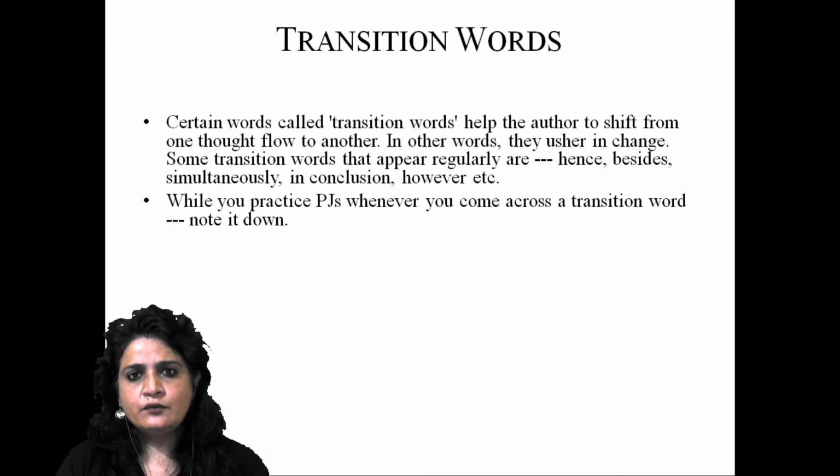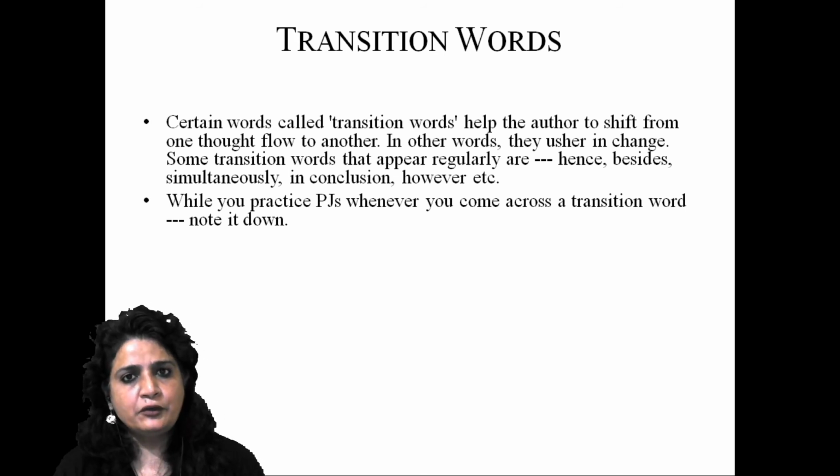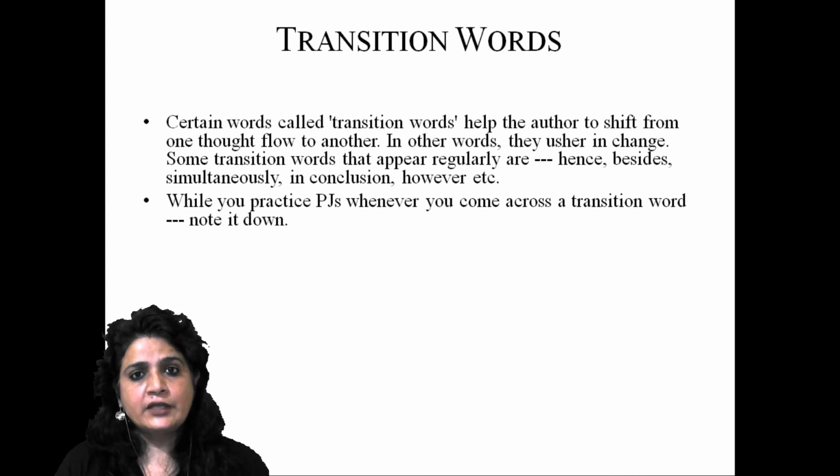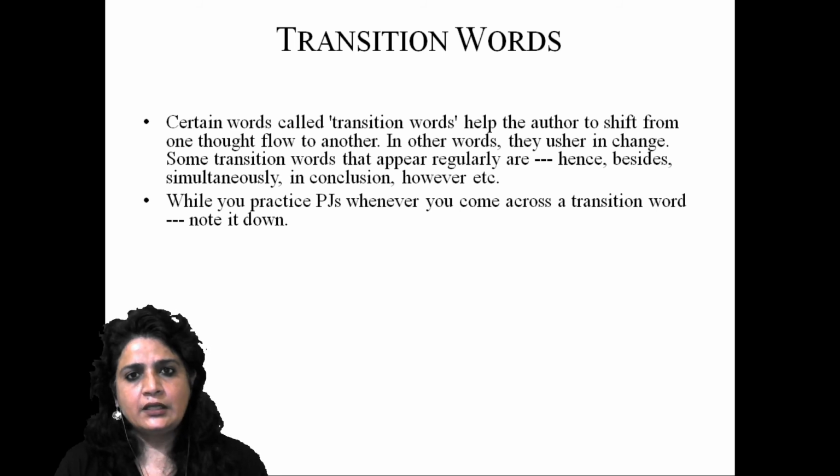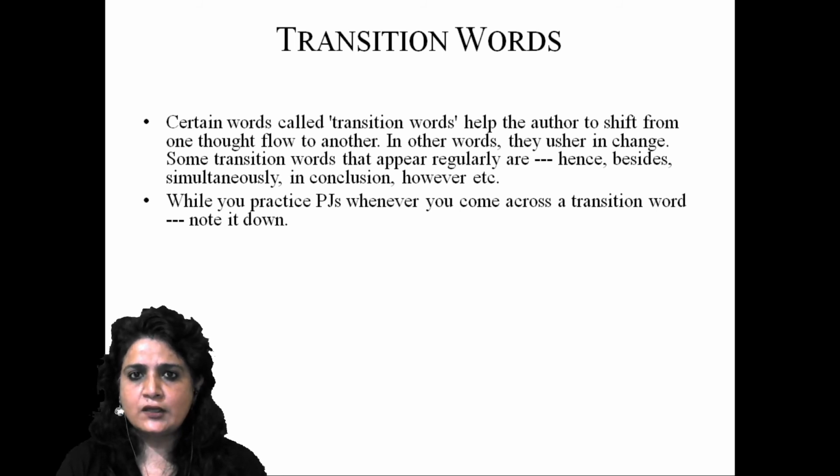These transition words have different tones. If you use however, that's going to signal a different tone, and if you use moreover, that's going to be used in a different context. So if you have an understanding of these transition words and their application, how they are applied in a sentence, you will have crystal clarity about connecting the two sentences which are joined by these transition phrases.